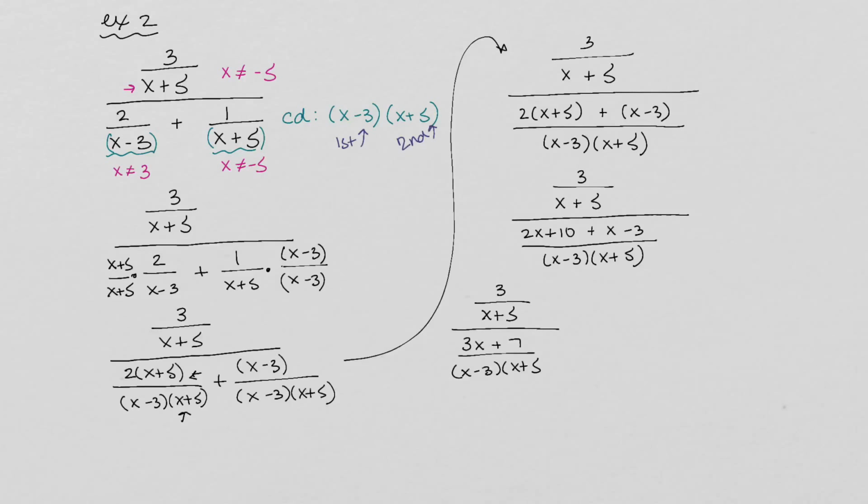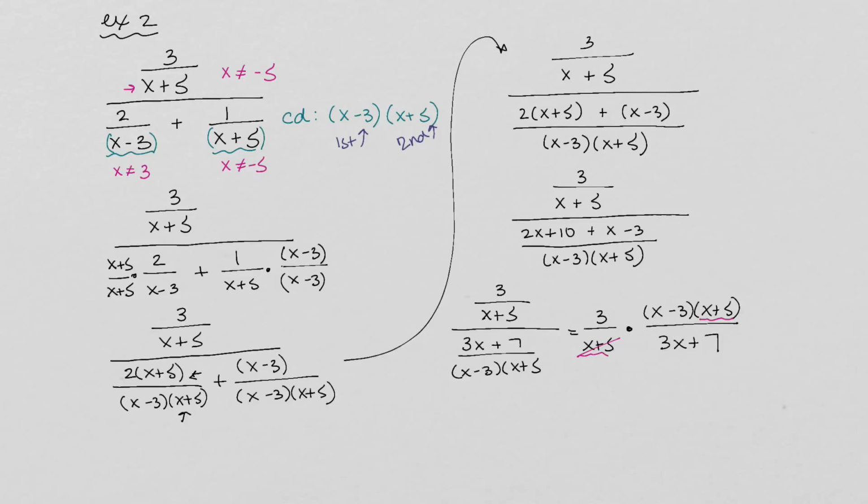And now for the part of this that we have all been waiting for, which is the division part, right? And how do we divide fractions? Dividing by fractions is easy as pie. I flip the bottom and multiply. Okay. And so when I do that, I notice that there is an x plus 5 here and an x plus 5 here, and that means I can cancel them out.